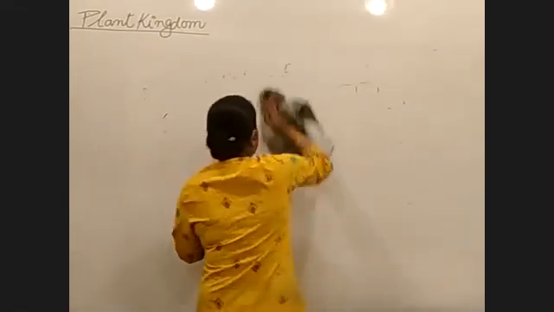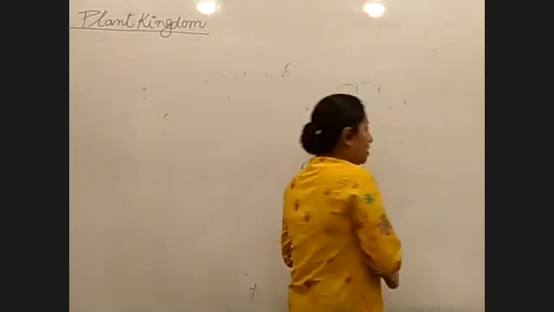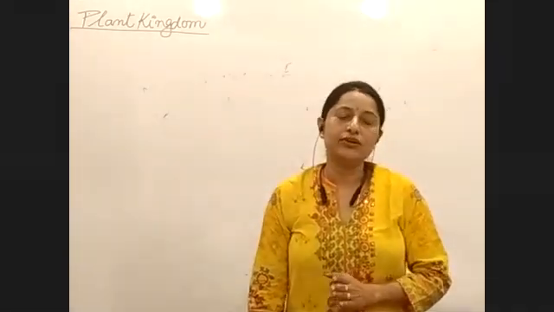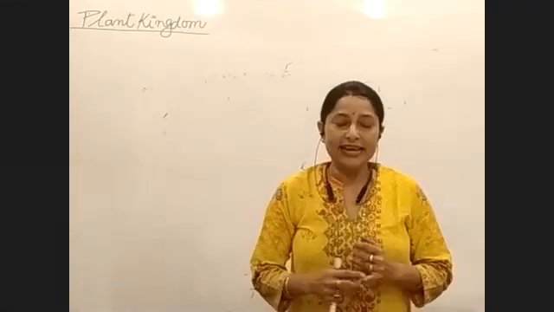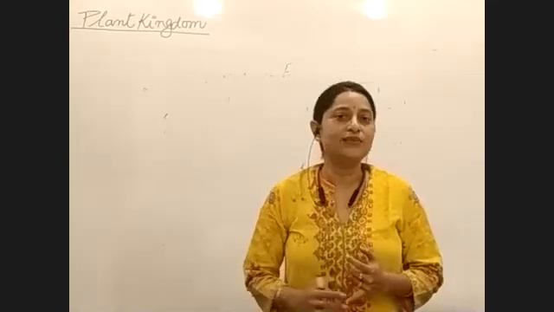Now we'll talk about the different types of cilia, right? Talking about evolution of plants, if we start from the primitive group that is algae, in algae vascular tissues were absent, so obviously cilia was absent.